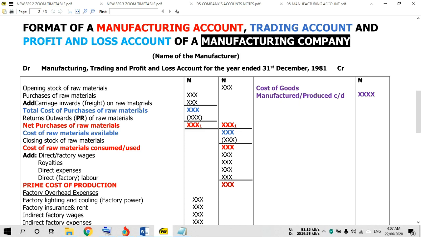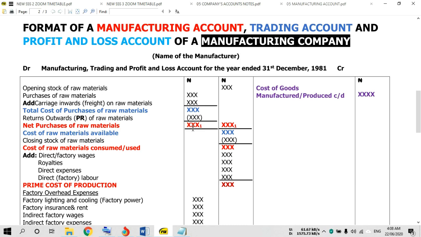But since we have carriage inwards on raw materials in this format, you need to add it together with the purchases of raw materials to get the total cost of purchases of raw materials. Then you subtract your returns outwards from the total cost, if the returns outwards of raw materials is given in the question.